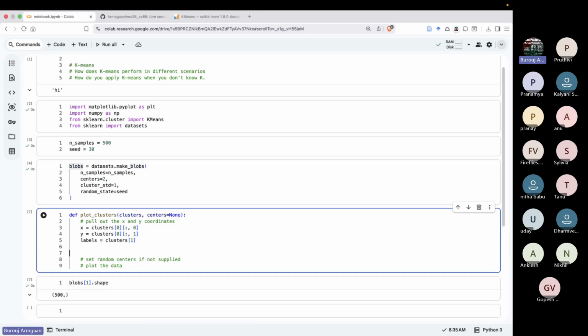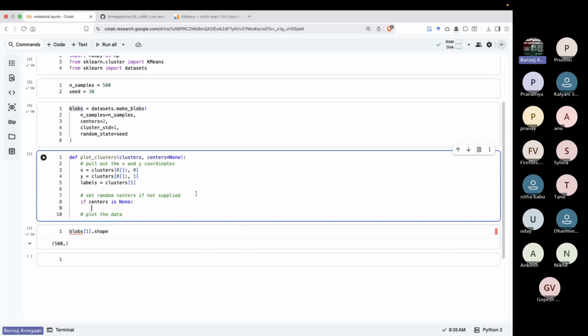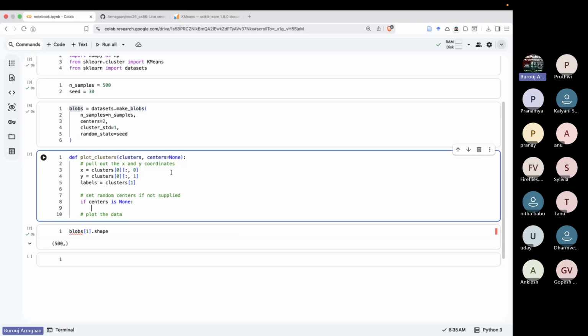So we have this much. If suppose centers is none, then we can maybe just use the first two elements for that.